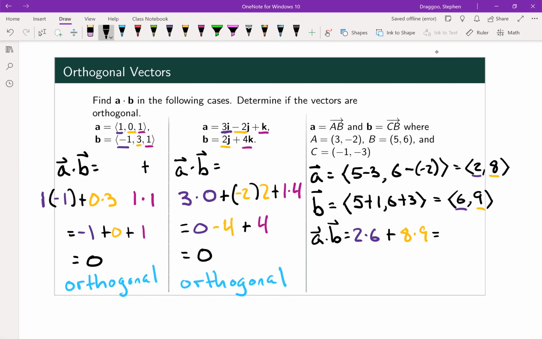That'll be 12 plus 72, which, if my math is okay, should come out to 84. Now this time we took the dot product of two vectors and got a number other than 0, which means that these vectors are not orthogonal.